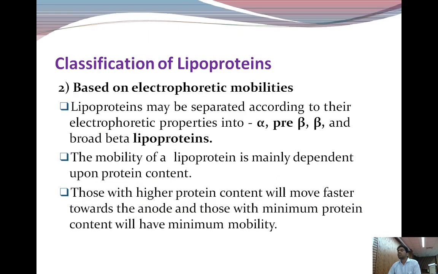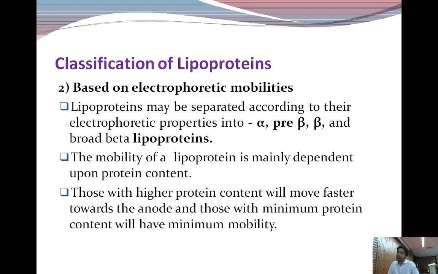So now the next classification is based on electrophoretic mobility. The previous one was based on ultracentrifugation. Once you do centrifugation of the lipoprotein mixture, it will get separated based on density into chylomicron, VLDL, LDL, IDL and HDL. So that was the classification based on density by ultracentrifugation.